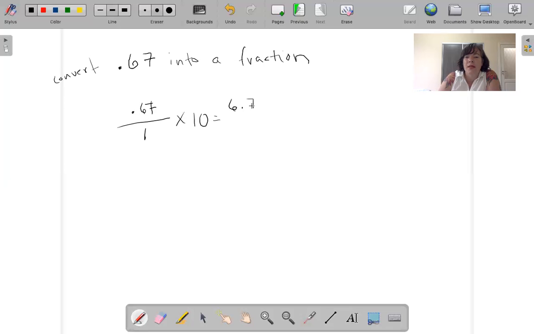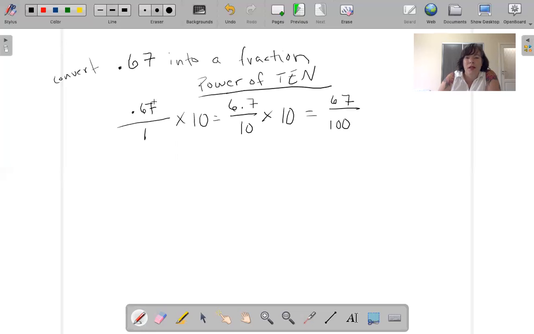I get 6.7 over 10. I've still got a decimal. I need to get rid of that, so I have to multiply it by 10 again. Now I've got 67 over 100. There you go, 67 over 100, and I did it using the power of 10. Okay, so you all understand how to convert a decimal into a fraction using the power of 10.